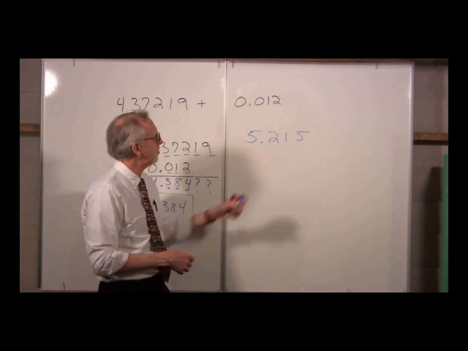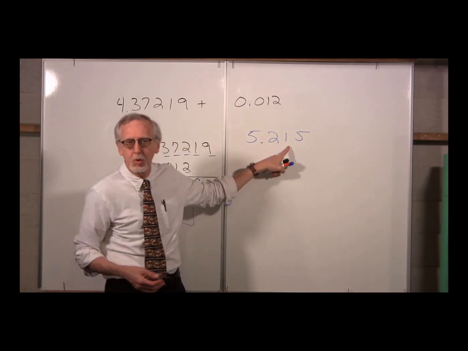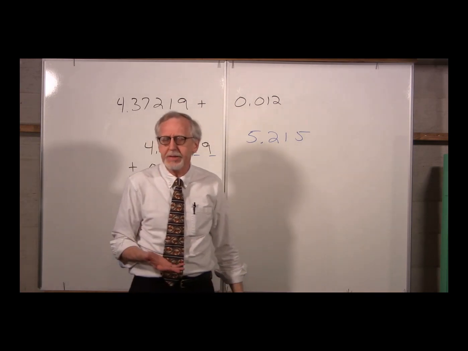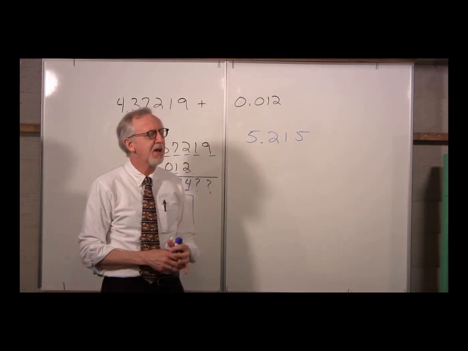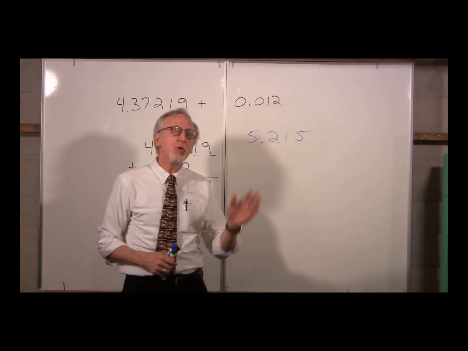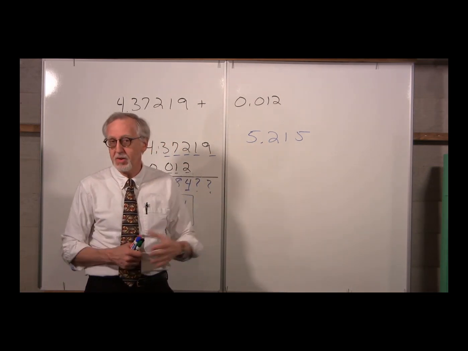So they would say round that to 5.22 if you were rounding to an even number, or 5.21 if you were always rounding to an odd number. I don't like that. The idea is, well, that number is exactly halfway in between 5.21 and 5.22. Why would you always go one way or the other?